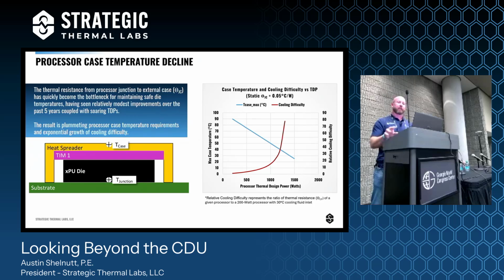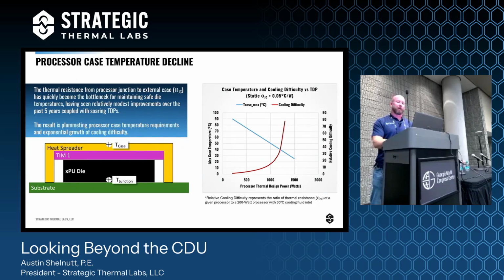Now, when you actually look at the generation over generation increase in thermal design power, most people can pretty easily do the math in their head. Well, we have a 500 watt TDP CPU today. We had a 250 watt TDP CPU last year. We've got a 2x increase generation over generation for TDP. And it's accelerating faster than that.